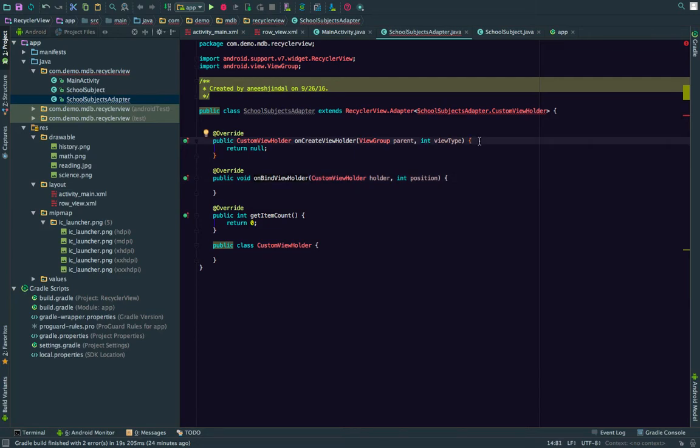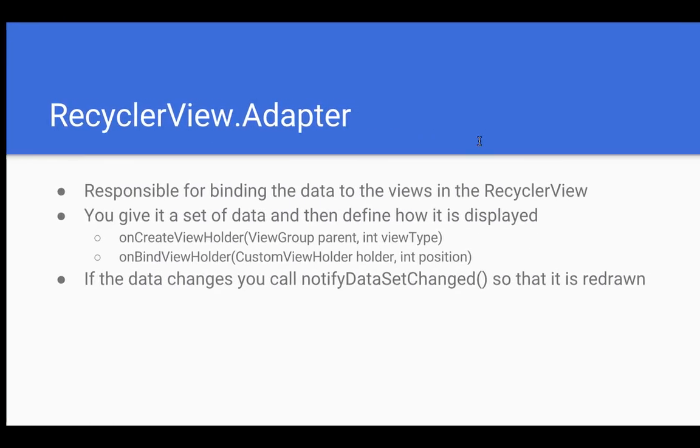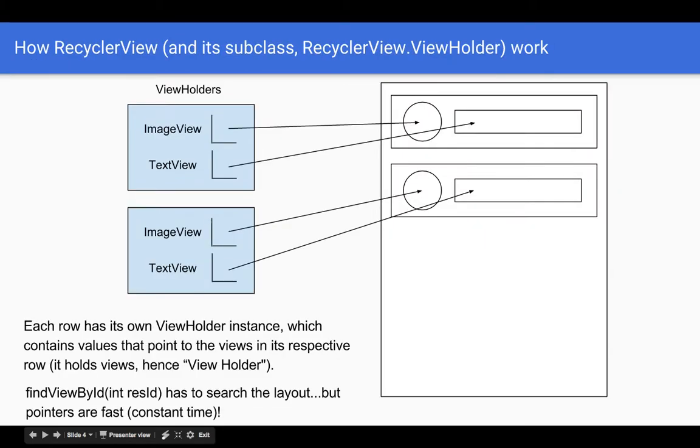The way this really works is that if we go back to how this looks, these are view holder classes, and each one needs to have an object instance variable that points to a specific corresponding view in that row. So in this case, because we had an image view and a text view, the view holder had an image view and text view.